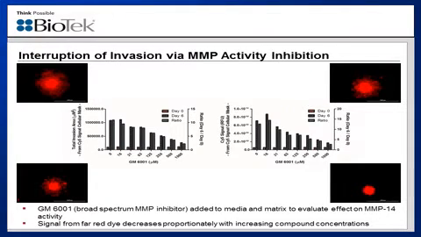The extent of inhibition can then be quantified once again using the same type of analysis procedures that I've mentioned, and confirms again that interruption of invasion as well as an inhibition of MMP14 activity is indeed concentration dependent, as you can see here with a decrease both in the area of the tumoroid that you see the red signal, as well as an actual decrease in the signal captured with the Cy5 imaging cube with increasing concentrations of the GM6001 and shown with the decrease in the values in the two graphs.